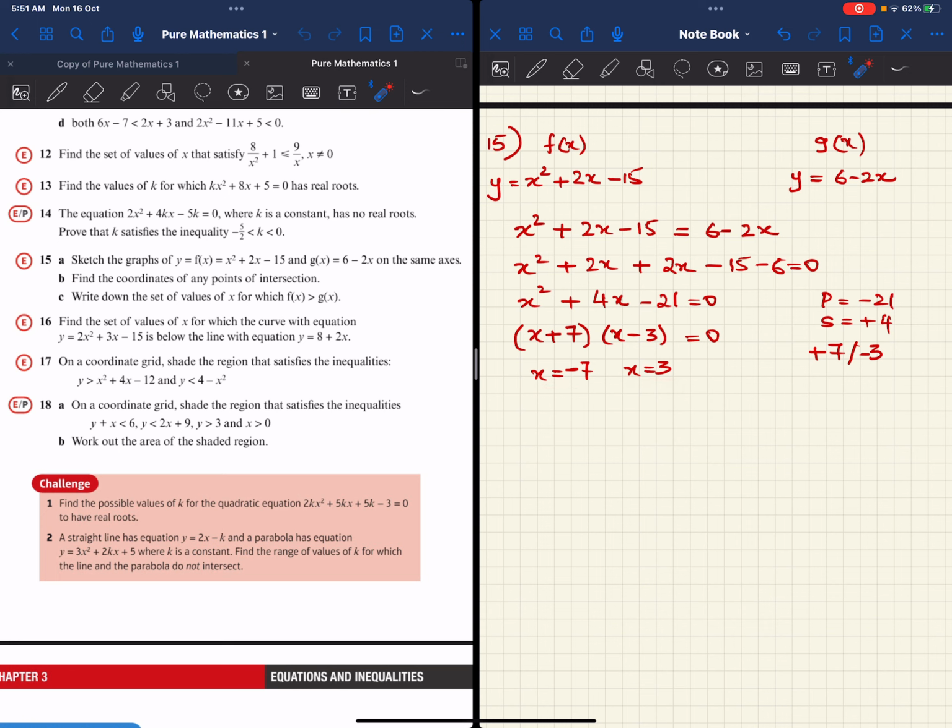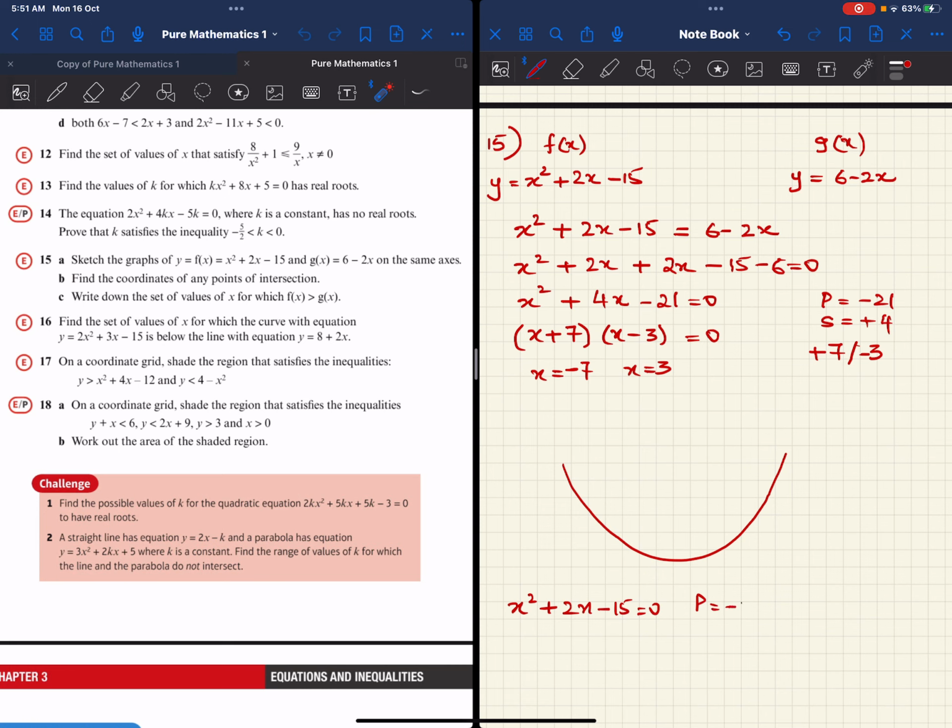Now let's sketch the graphs. This one is a quadratic curve, so it's going to be U-shaped. Now to find the x-intercept of this graph, I will equate this to 0. So x squared plus 2x minus 15 is equal to 0.